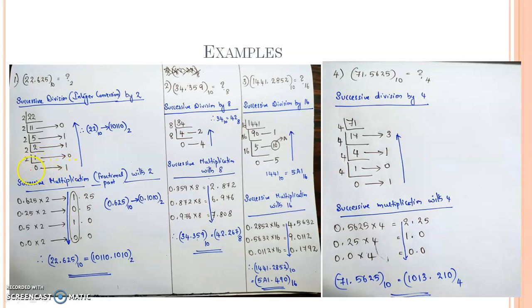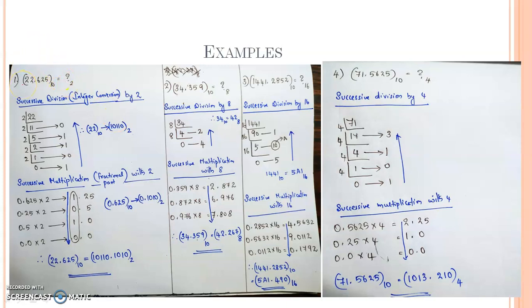So when you get the quotient as 0, you can stop the successive division and take the remainders in the reverse order. And so the answer will be 10110. So 22 to the base 10 is 10110 to the base 2. Okay, so now you got the binary equivalent of 22.